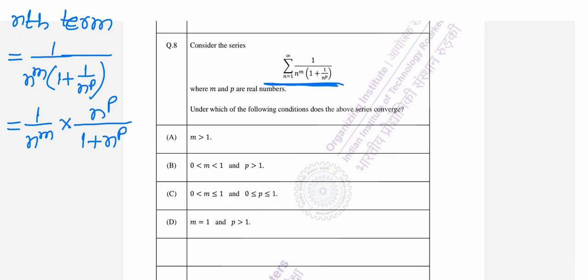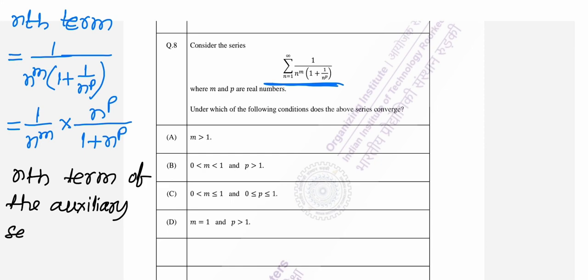So the nth term of the auxiliary series will be 1 by n to the power m.